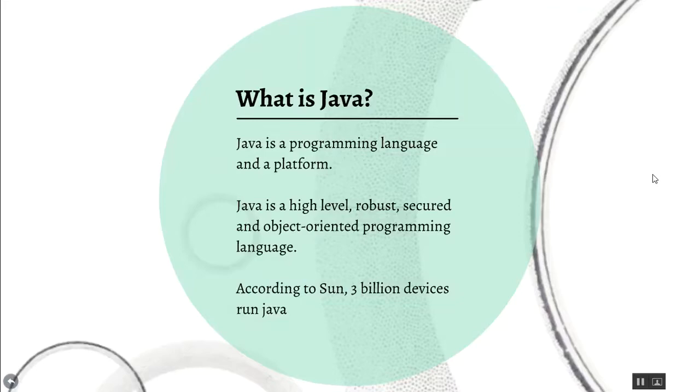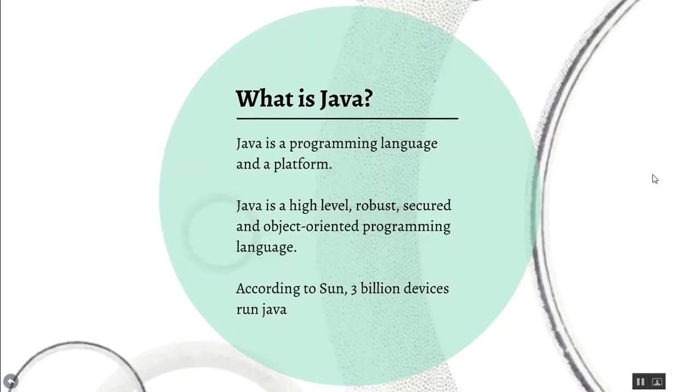According to Sun Microsystems, 3 billion devices run on Java, and there are many devices where Java is currently used. Let's say, for example, desktop applications, well-known ones such as antivirus, media player, Acrobat Reader, etc. We can also create web applications using Java.